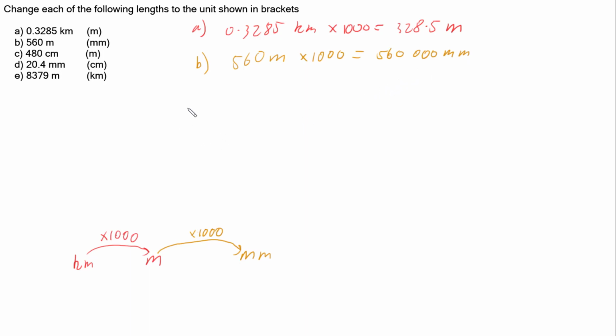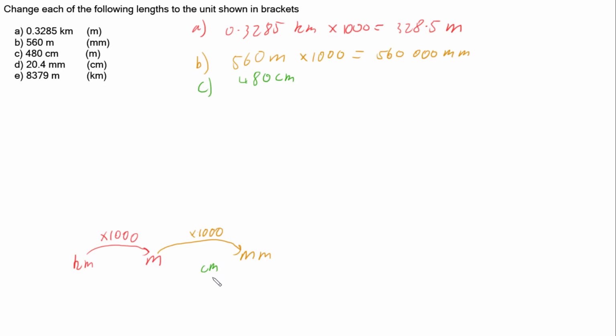Having a look at part C now, I've got 580 centimeters, and I want to convert that into meters. Now a centimeter sits part way in between millimeters and meters. In fact it really sits closer towards the millimeters because it's quite small, but it's just a little bit bigger than a millimeter, and meters are still a fair bit bigger than a centimeter.